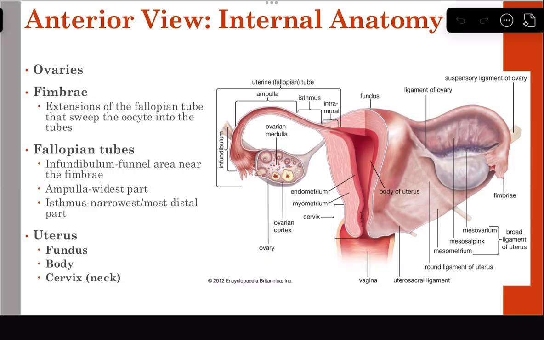Now, the usual and more desirable site of fertilization is going to be in the uterine tube. Now, note I said fertilization, not implantation. Fertilization, just when the sperm meets egg, right? We want that usually to happen in the uterine tube, in the fallopian tube, okay?